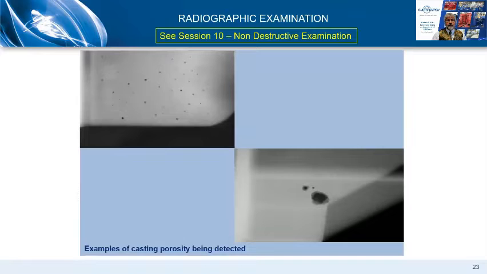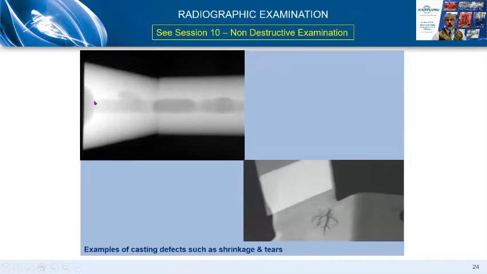A couple of examples: casting porosity, shrinkage and tears. Again, more on this in session 10.